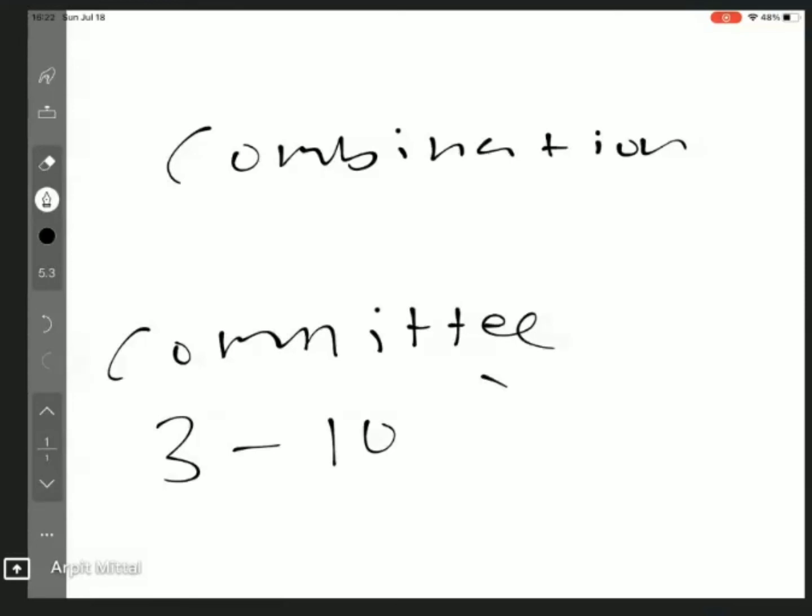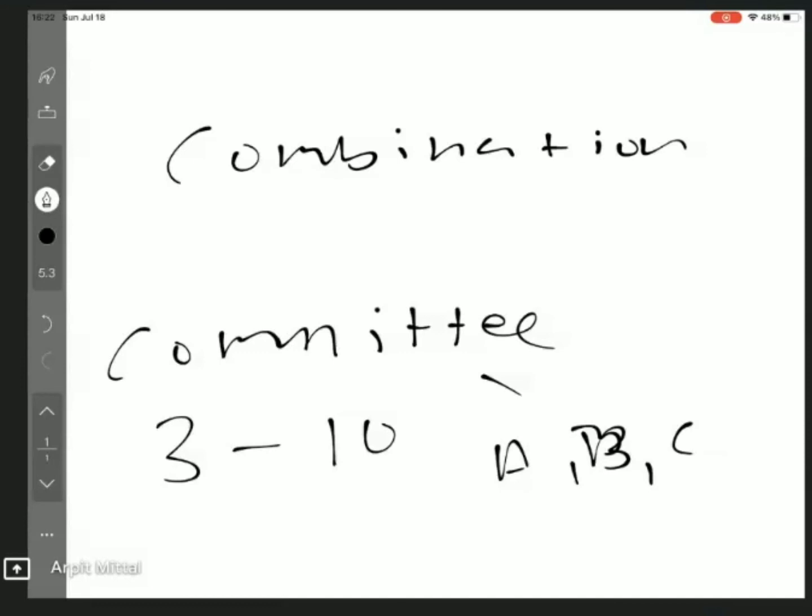Let's say the 3 people in the committee are A, B, and C. Choosing A first, then B, then C is the exact same committee as picking first B, then A, then C. When we were choosing the officers, the order of who we picked did matter because each position was different. But in a committee, everyone is the exact same, so order does not matter.